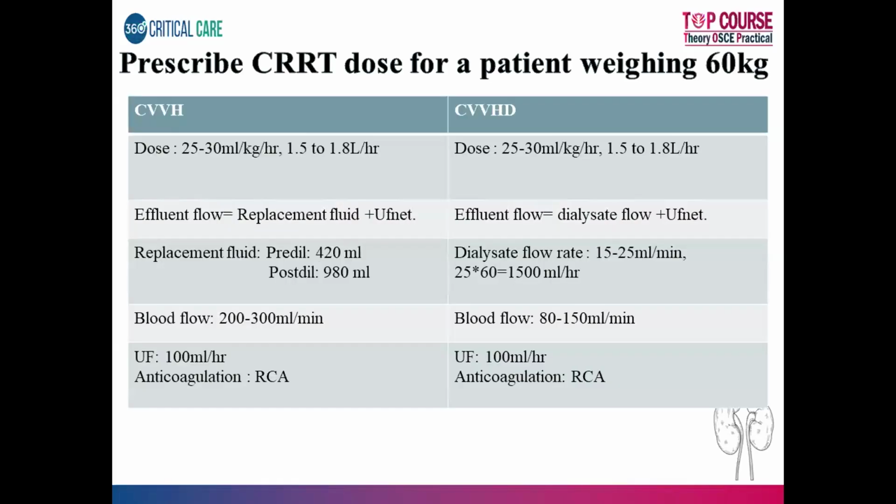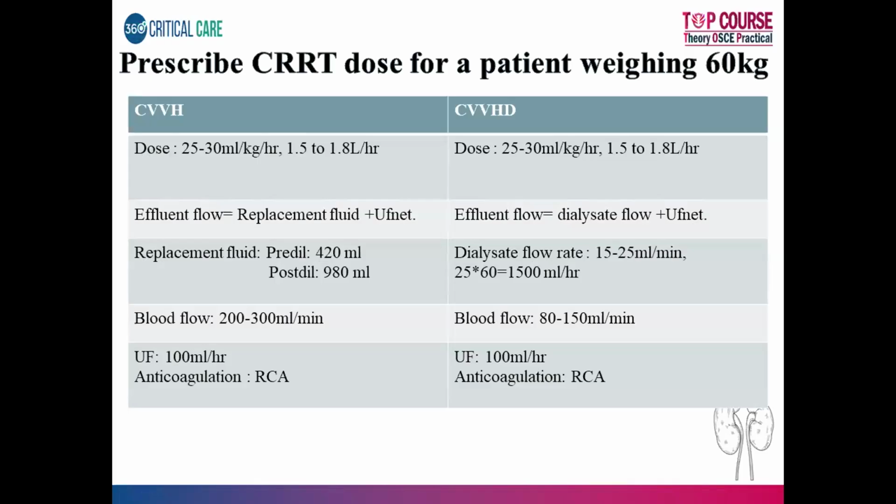Now I am going to explain how to prescribe a CRRT dose for a patient weighing 60 kg. Please go through this properly because you have to give me the dose for CVVHDF. Now coming to CVVH. What is CVVH? Hemofiltration.